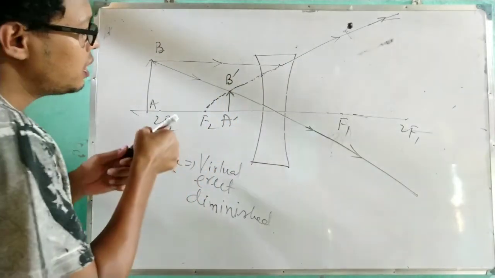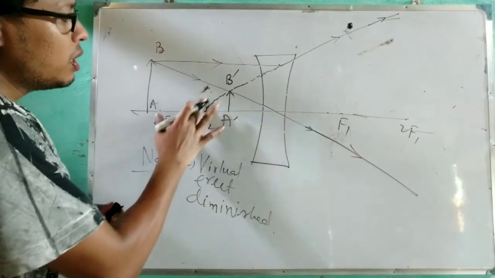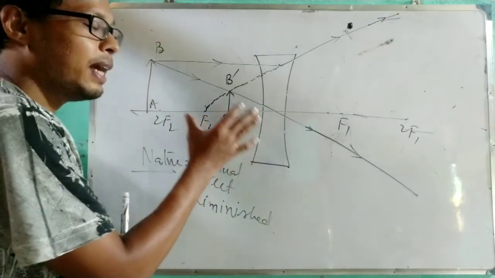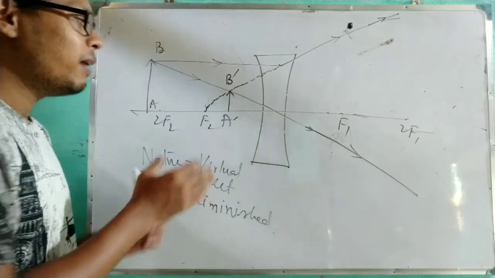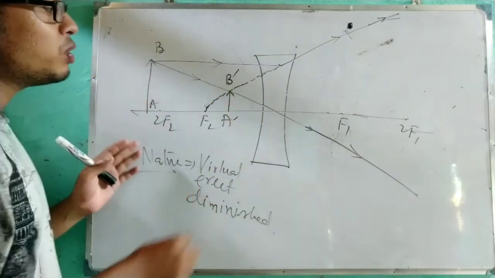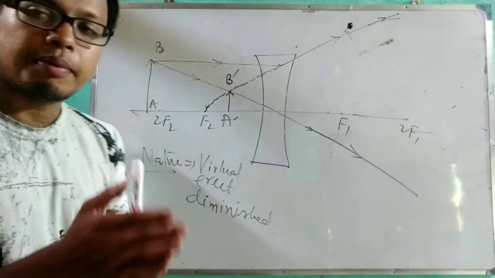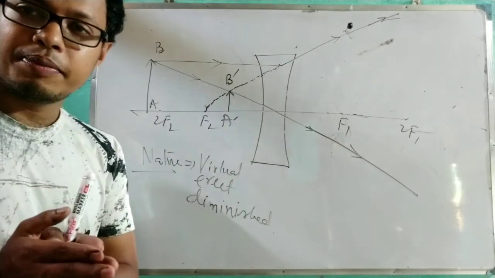And when the object is placed at f2, the second focal length, then the image is formed at the middle of f2 and O. But remember, the size of the image is always smaller than the object. Okay. This is all about the convex lens and the concave lens. This was for the ray diagram. Thank you.